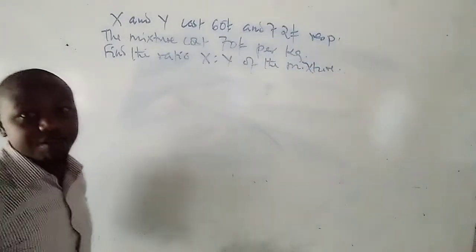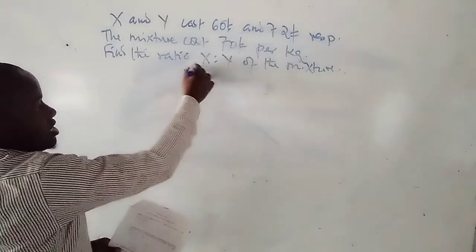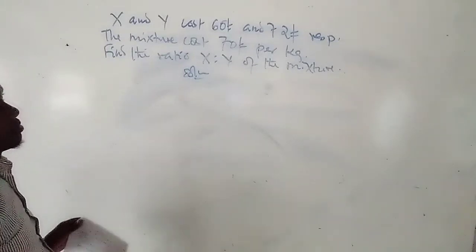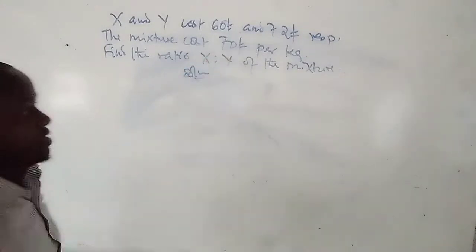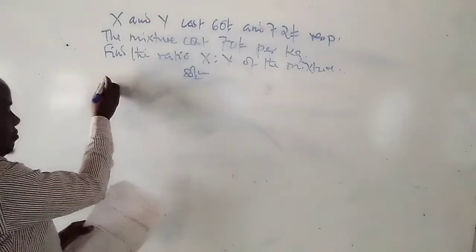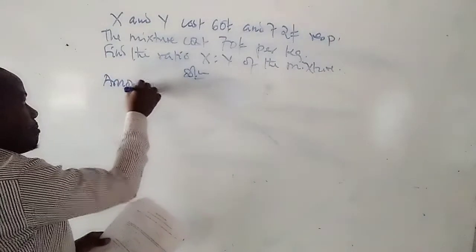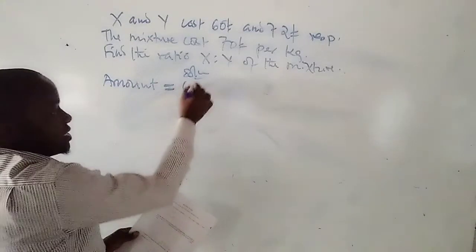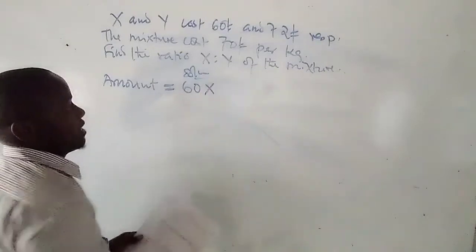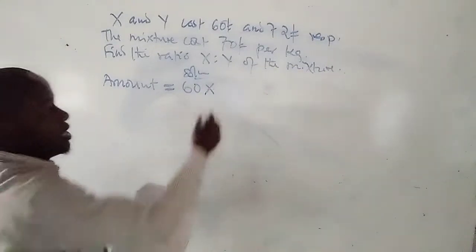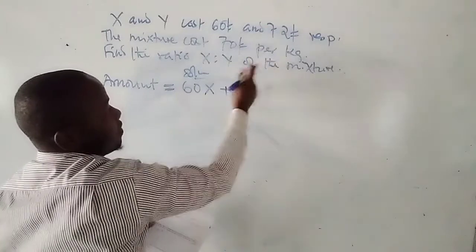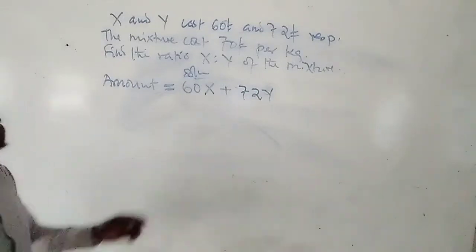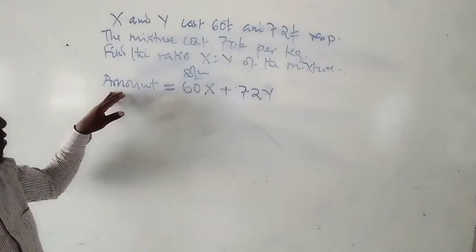The ratio x to y of the mixture, or how they are mixed such that they cost 60 and 72, and a kilogram of the mixture will cost 70. So we can say the total amount of the mixture, when the one costing 60 has x kilograms and the one costing 72 has y kilograms, is found from the cost of the total kilograms mixed.